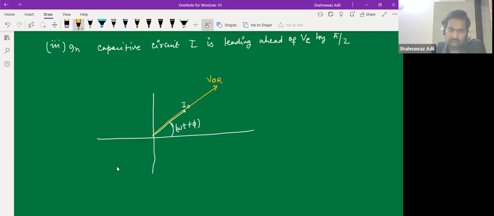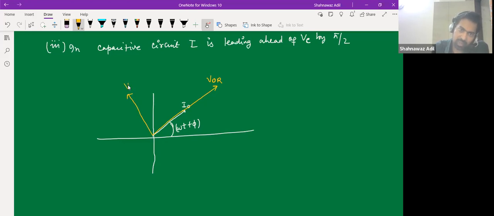Now, for the case of the inductive circuit, current is lagging behind by 90 degrees, so the voltage would be ahead.